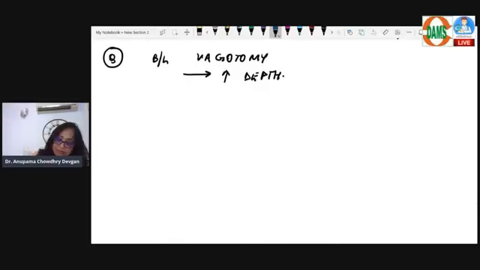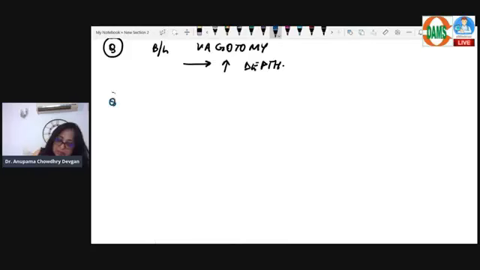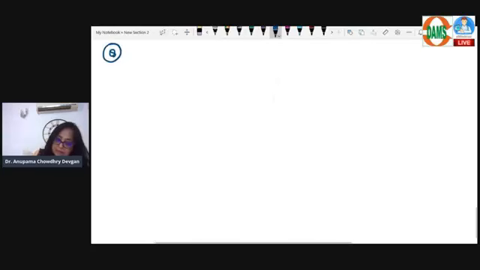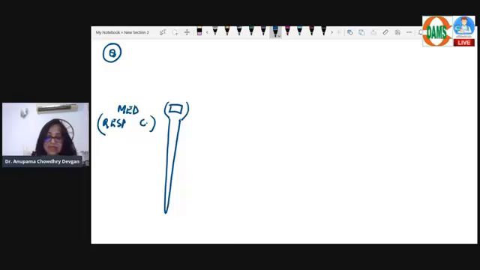Next important point. Next important question. Now, you know that this is the spinal cord. This is the medulla here, and medulla has the respiratory center, right? Then you have the pons.